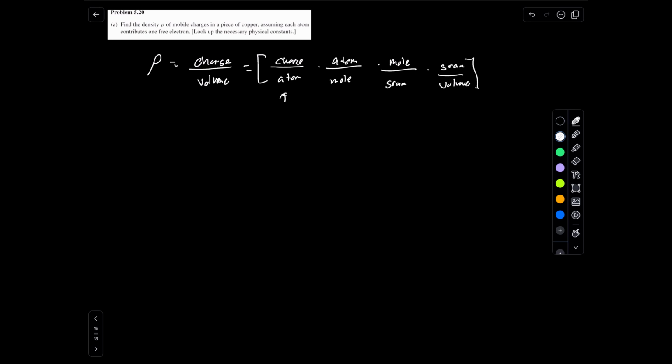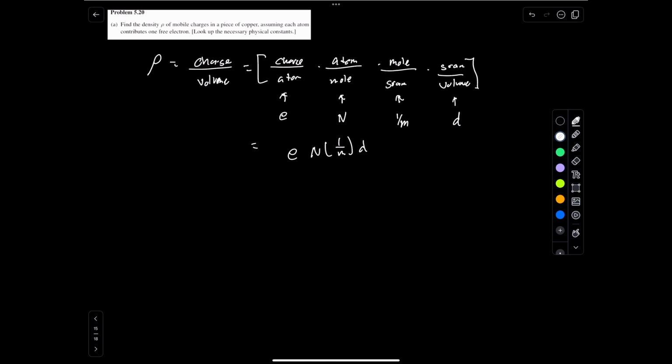This would be our charge of the electron. This would be our Avogadro's number. This will be our atomic mass. And this will be our density of the copper, D. Right. So with this, we are allowed to use the formula e n times 1 over m d.